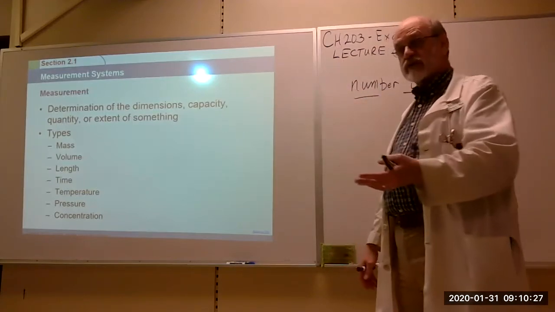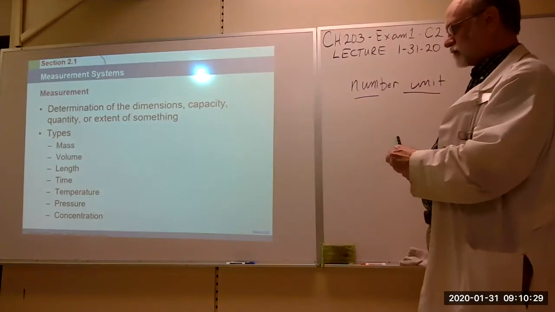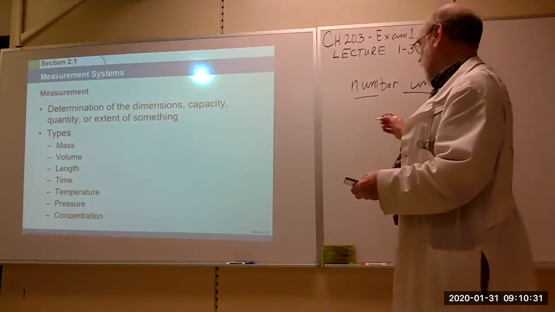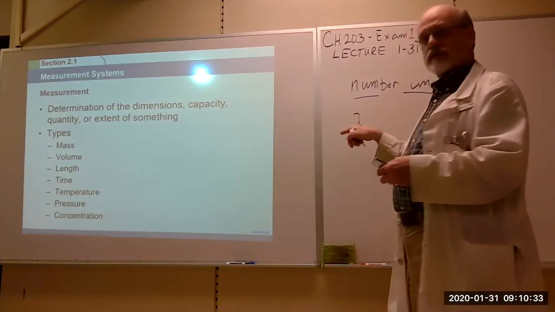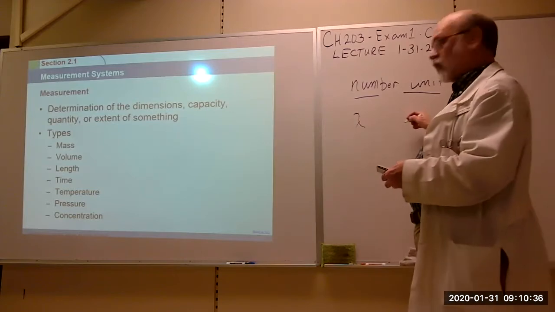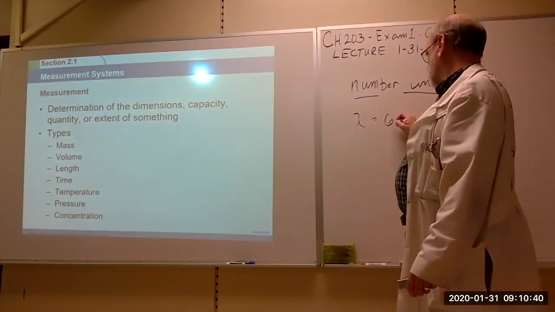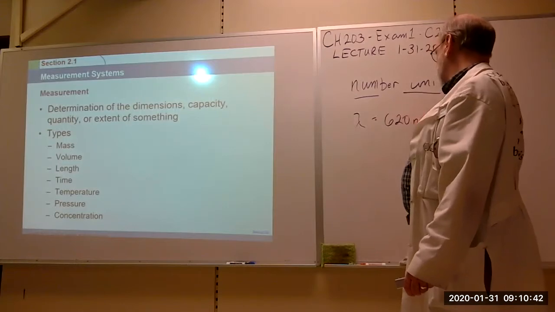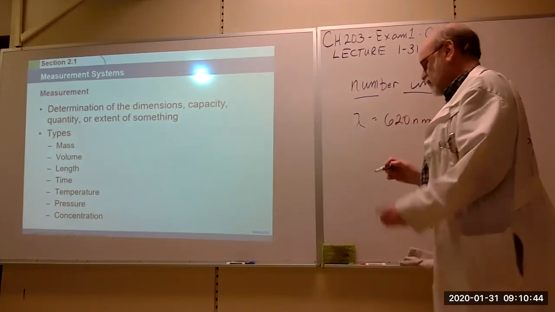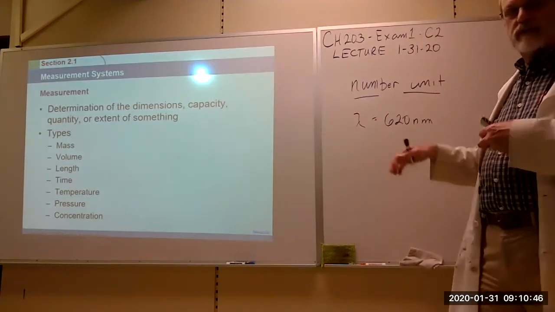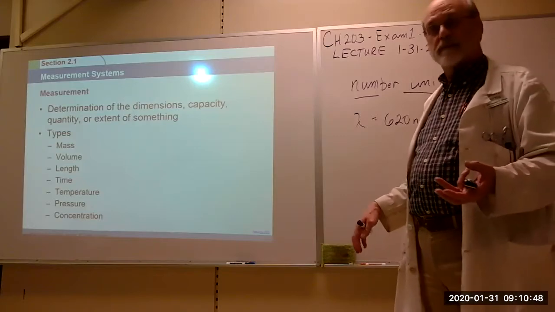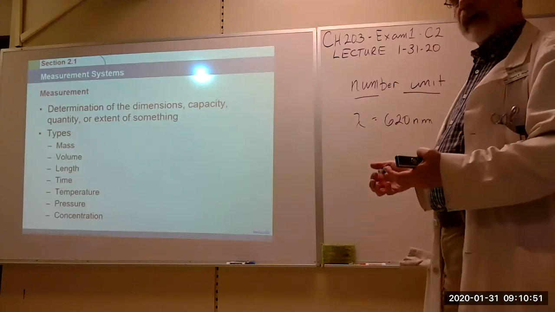So those have numbers too. And for that, if it's a wavelength, then we use the Greek letter lambda for that. Wavelength, it might be something like, I don't know, 620 nanometers. Right? So nanometers doesn't mean anything to you right now, but that's the wavelength of the light.